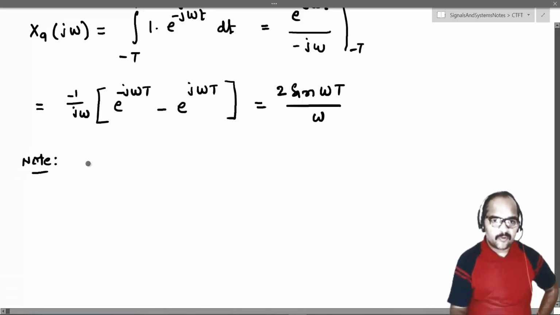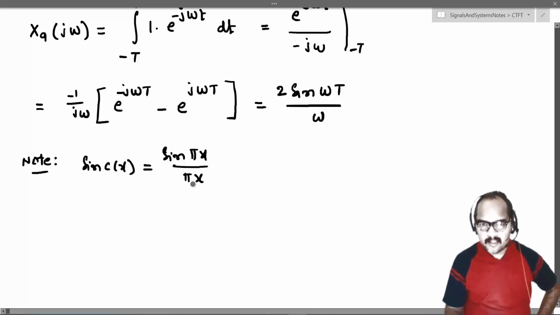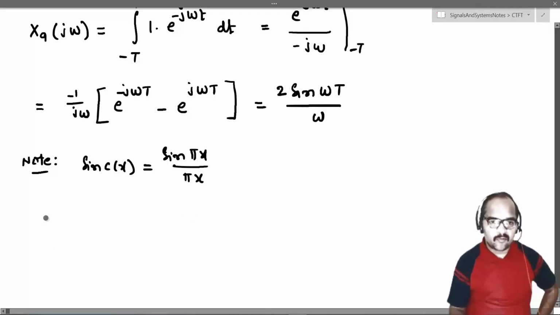Note, so what do we know? We know that sinc of x equals how much? Sine pi x divided by pi x. So now what did we get? We got 2 sine omega t divided by omega, correct?